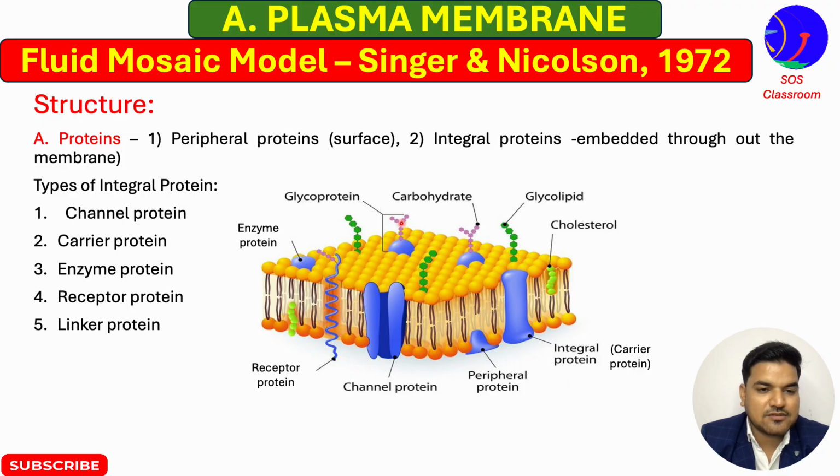When carbohydrate molecules attach with the protein, it forms the glycoprotein. When carbohydrate molecules attach with the lipids, then glycolipids are formed. And some cholesterol is also present inside the plasma membrane. And this is the enzyme protein. This is the receptor protein. So we will discuss them in detail.